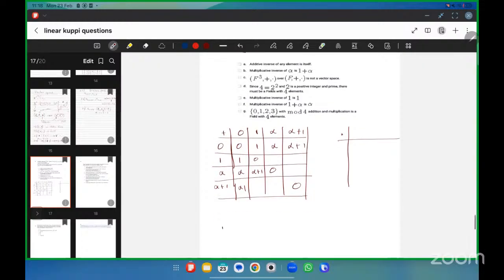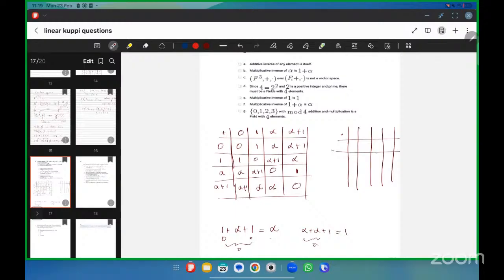Here 1 plus (alpha plus 1) is equal to alpha, right? Because 1 plus 1 is equal to 0, and 0 plus alpha is equal to alpha. Alpha plus (alpha plus 1) is equal to 1, because alpha plus alpha becomes 0. This is the plus table.